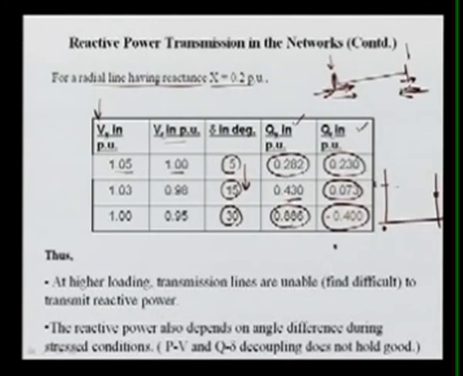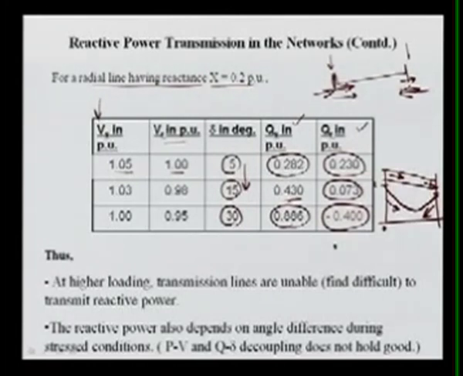So what is happening in the voltage profile is that reactive power flows from higher to lower voltage. Here also, your line profile will be like this, because we are maintaining the voltage, and the reactive power is flowing from here to here and again from here to here. In another case, it was 1.03 here and 0.98, and the reactive power flow is like this, meaning reactive power is flowing here and there is a smaller value at the other end. In another case, it was for 1, it was like this.